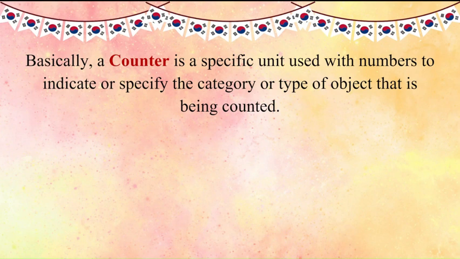Remember this. Now suppose you are counting certain objects, then with the category of that particular object you are counting, you have to attach a particular counter word to the number of objects. For example, there are 5 bottles and 2 glasses. So you have to use a particular counter with the respective number of objects.